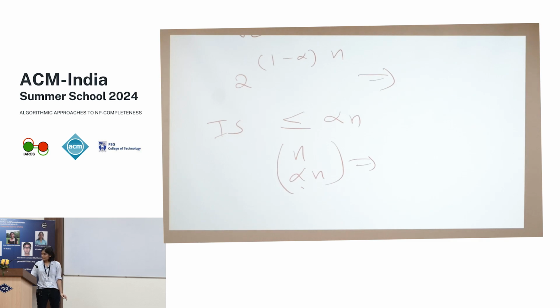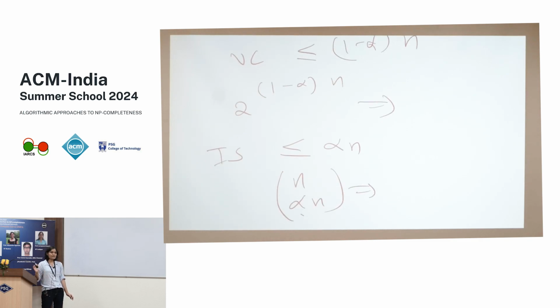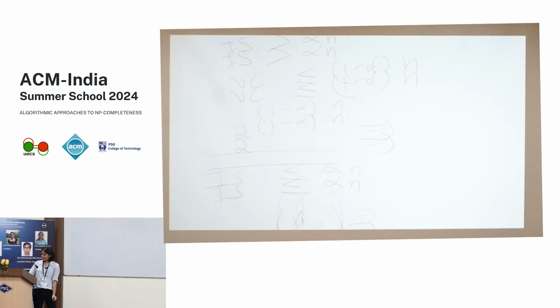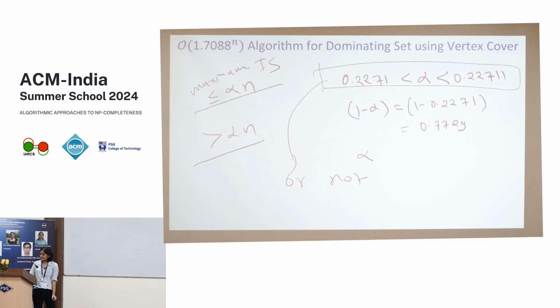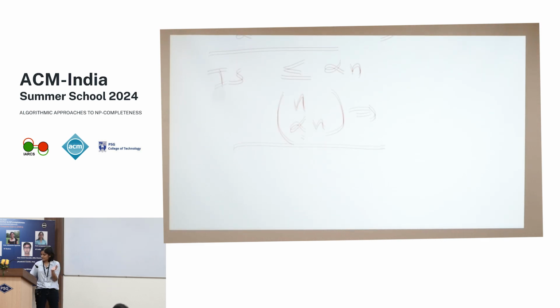Okay, so this is what I have, but now I want to find the alpha which minimizes this two quantity. And it happens that when I set the range for alpha to something like 0.2271, then I get the best value, which is 1.7088 power n for both of these functions.